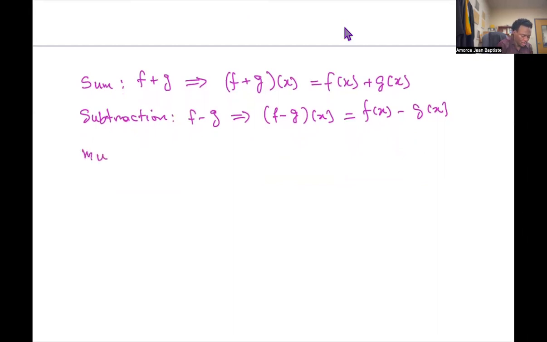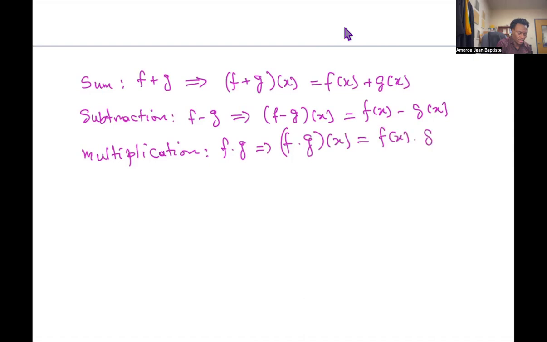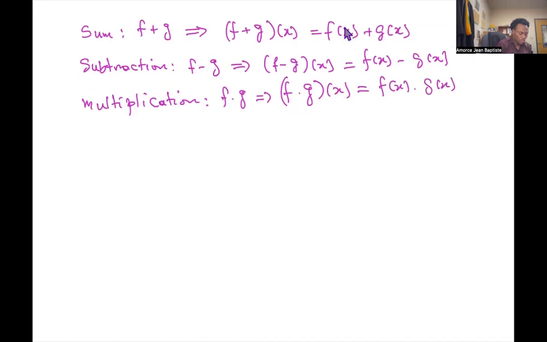Multiplication is f times g, or fg, which is fg of x, f of x times g of x. Division.